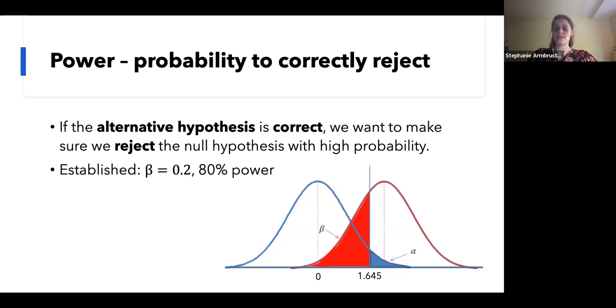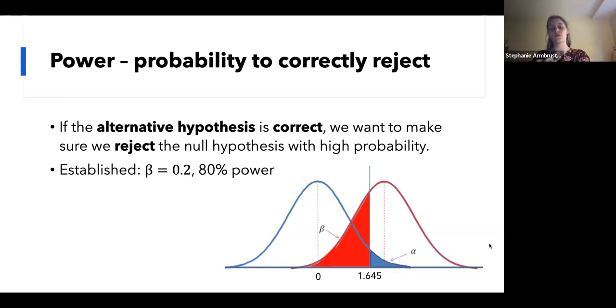As you can see from this second line, the blue line is the line that we had before, right? You have the 0 and our 1.645, the threshold, and then you have the alpha. That's just like the picture we looked at before. But now you have an additional curve, which describes the true alternative hypothesis. So this curve is shifted.